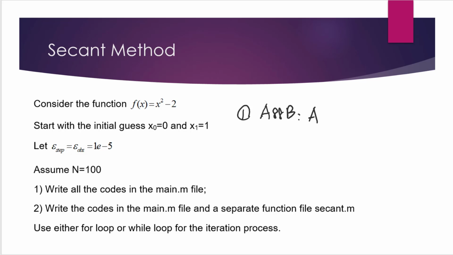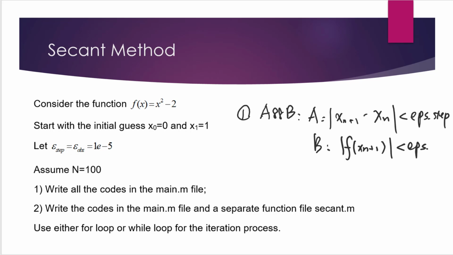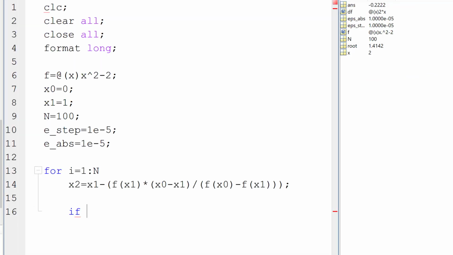And condition A is that the absolute value of x_n minus x_{n-1}, it's actually x_{n+1} minus x_n, is less than epsilon step, and condition B is the absolute value of f(x_{n+1}) is less than epsilon abs. So this is the first halting condition, and we can write this here.